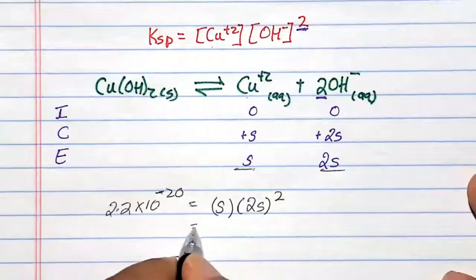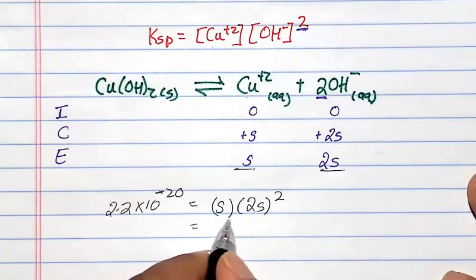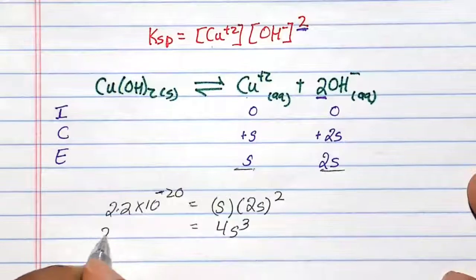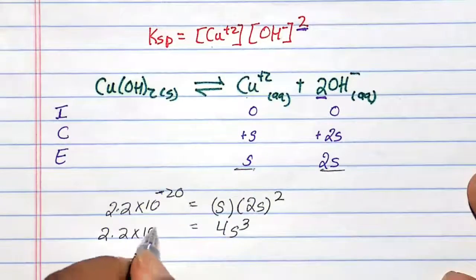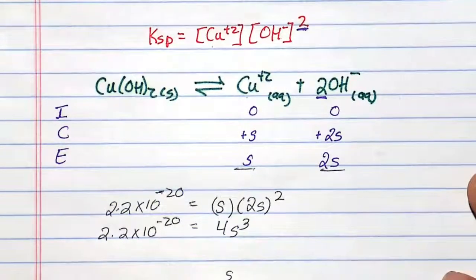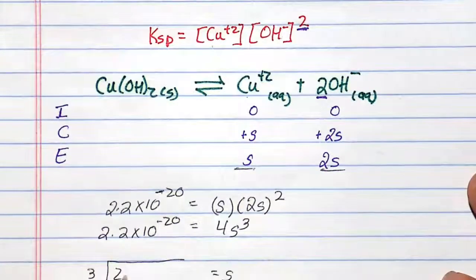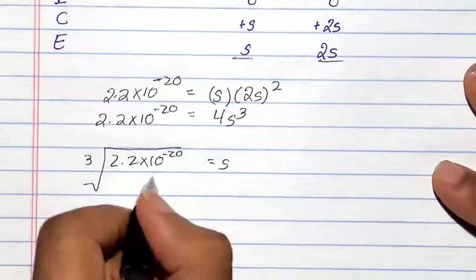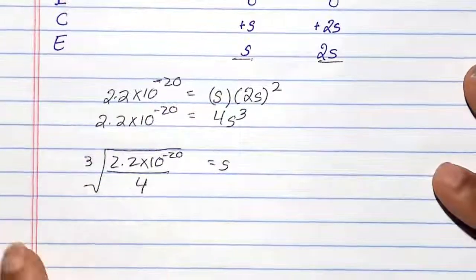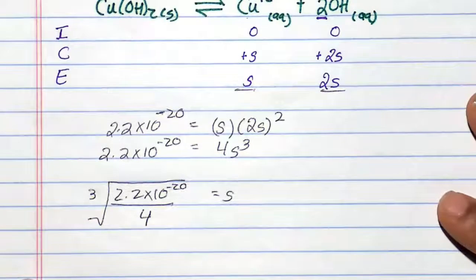We have to square that. So S times 2S squared is actually 4S cubed equals 2.2 times 10 to the minus 20. So S is going to equal the cube root of 2.2 times 10 to the minus 20 divided by 4. So that S stands for solubility.